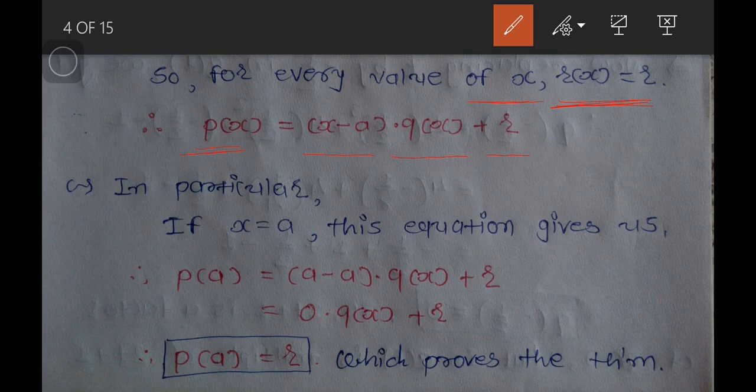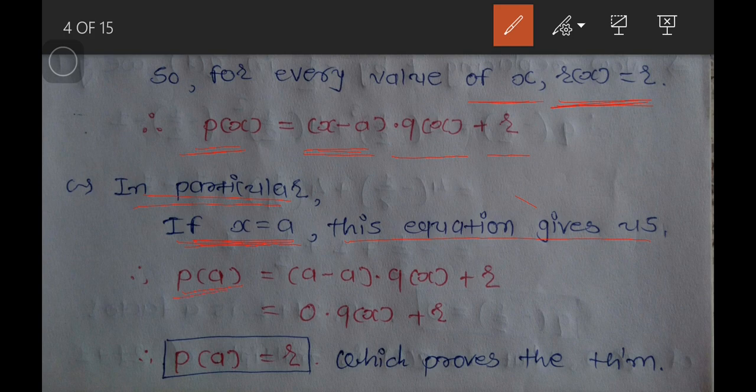So now in particular, if x is equal to a, now we put a value of x equal to a, because we can find the zero of the linear polynomial x minus a by x minus a is equal to 0. So now if we put x is equal to a, this equation gives us what?